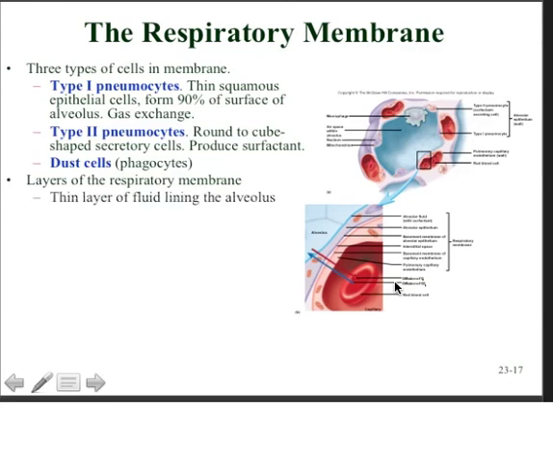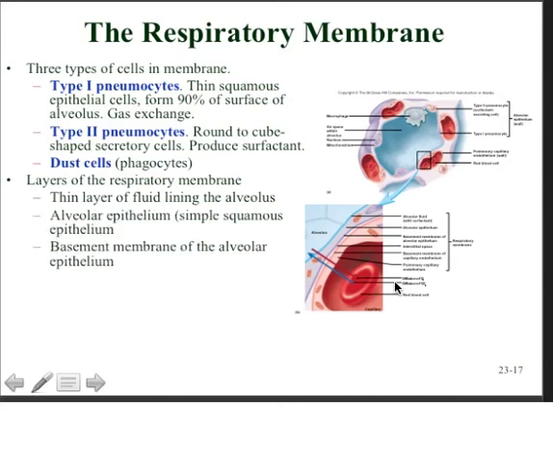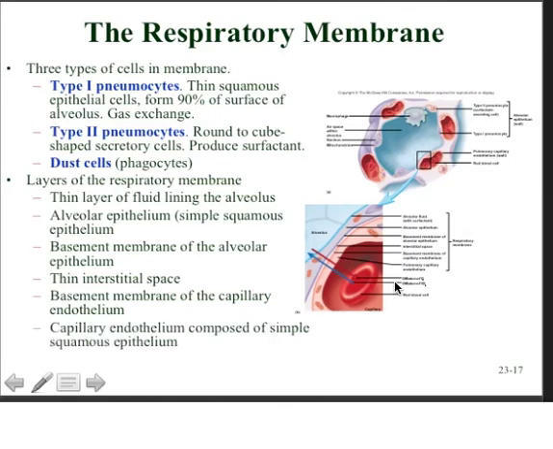Layers of the respiratory membrane include the thin layer of fluid that lines the alveolus, the alveolar epithelium, the basement membrane of the alveolar epithelium, and then the interstitial space, and the basement membrane of the capillary endothelium, and then the capillary endothelium itself. But while that sounds like a lot of layers, it's very little distance.